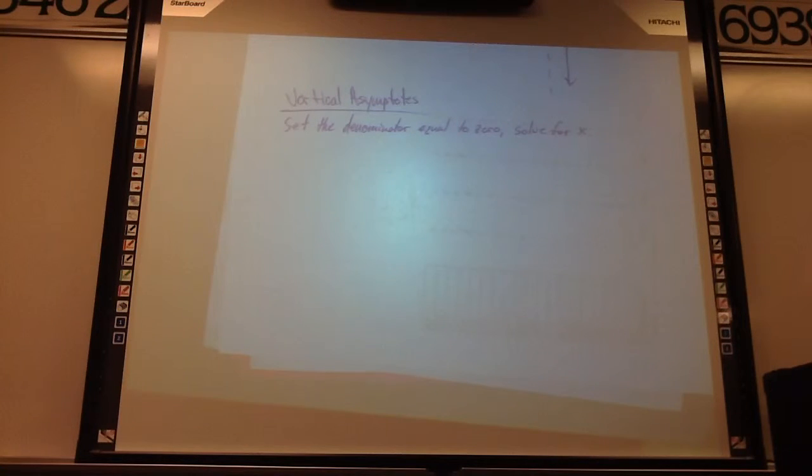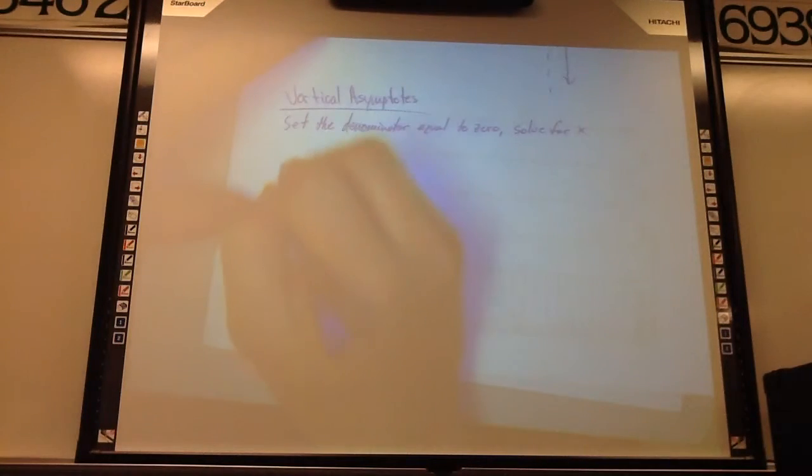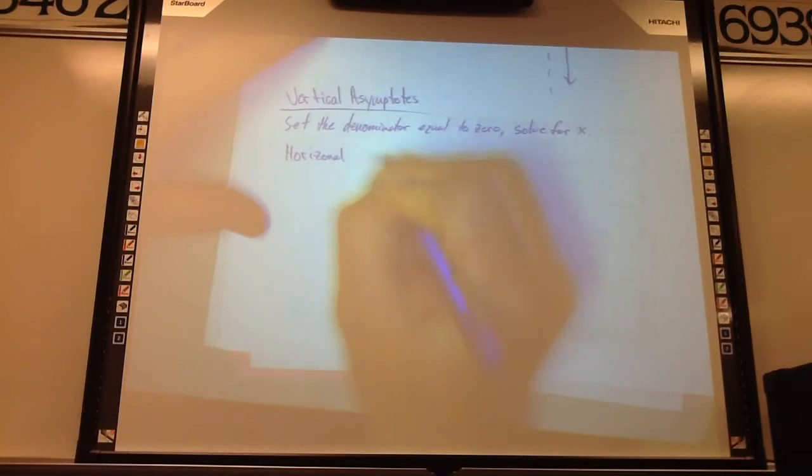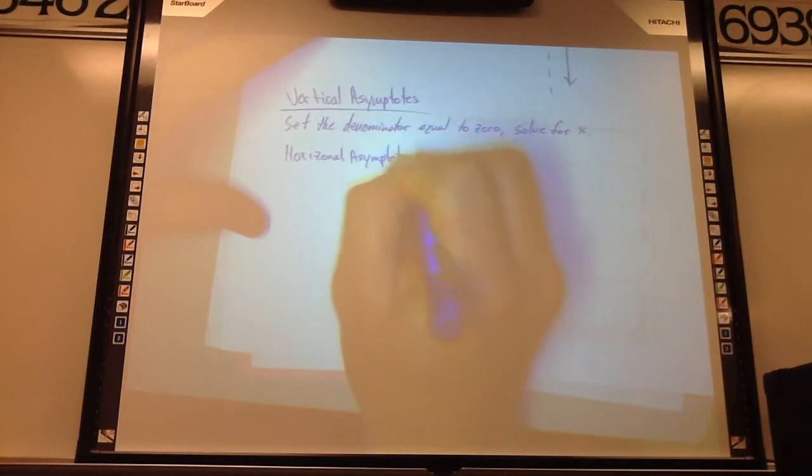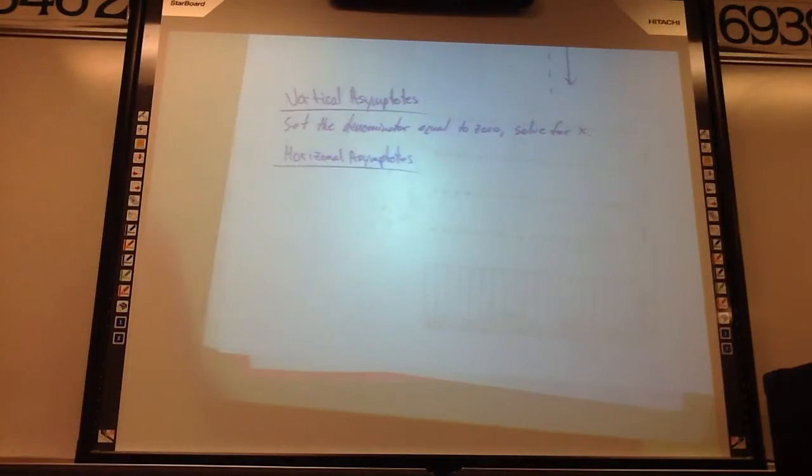Horizontal is a little more tricky. There's actually a really easy way to do it using calculus, but we can't do that.